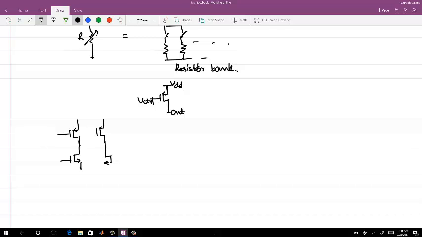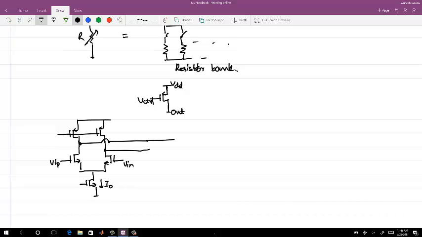The current cell which I was using earlier, now this is the current I naught, your VIP, VIN, and this is the PMOS. The outputs are still loaded with the same cap C, and this is VOP. Let me write it as plus minus V out.